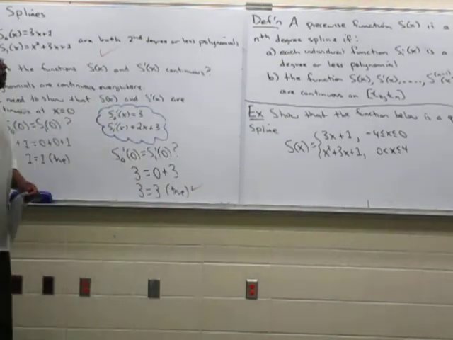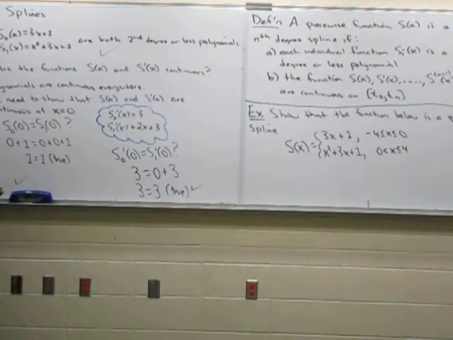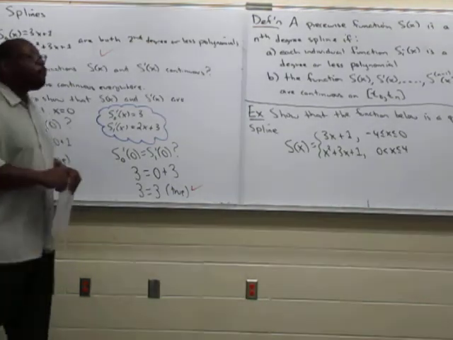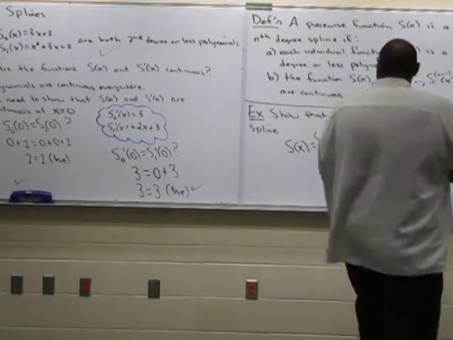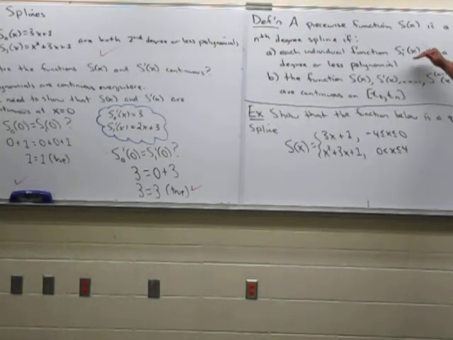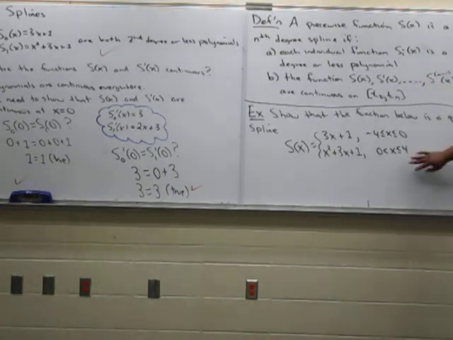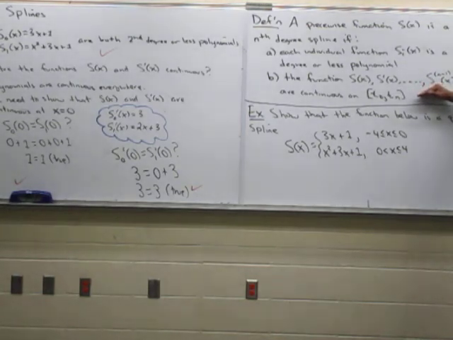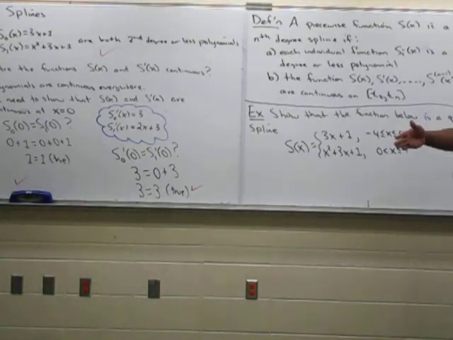Yes. Now we know we satisfied both of these conditions. We satisfied the first condition that each individual function is an nth degree or less polynomial, so second degree or less polynomial, which it is. And we've shown that each one of those functions is continuous. The original function and its derivative meet at that location of 0, which is the only place where we might have issues with our spline.